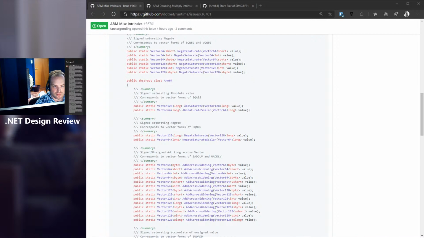And then the next two are similar. So there's USQAdd and SUQAdd. USQAdd takes in a left parameter in the destination, signed. The right parameter is signed of the same width. And then SUQAdd is the left unsigned, right signed.